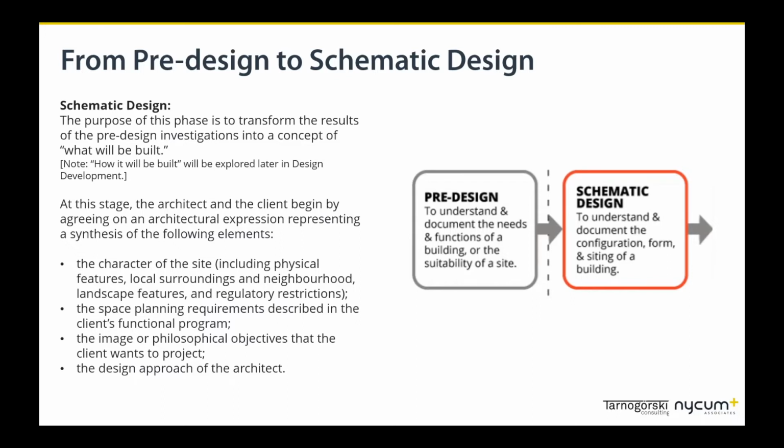The purpose of this phase would be to understand some of those physical features in a little bit more detail, in terms of how the design thus far fits into the neighborhood, what sort of space and planning requirements are going to be required in the functional program.